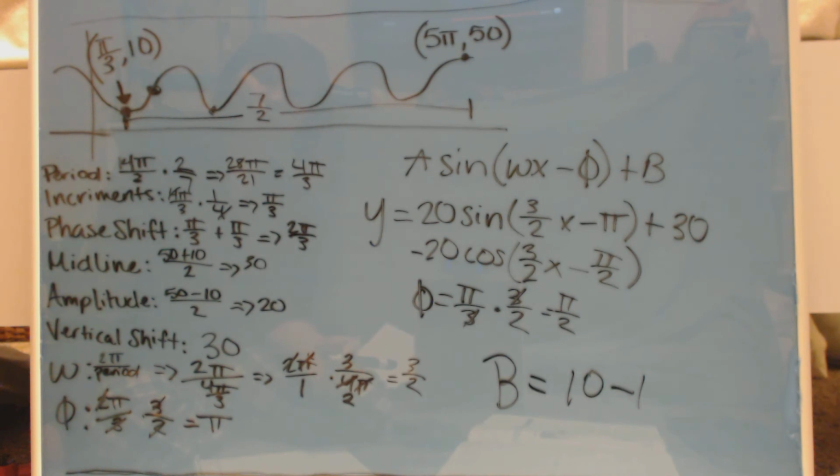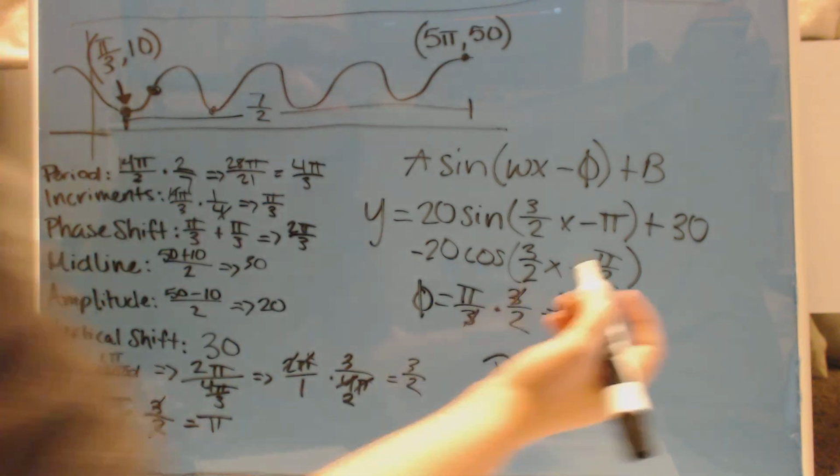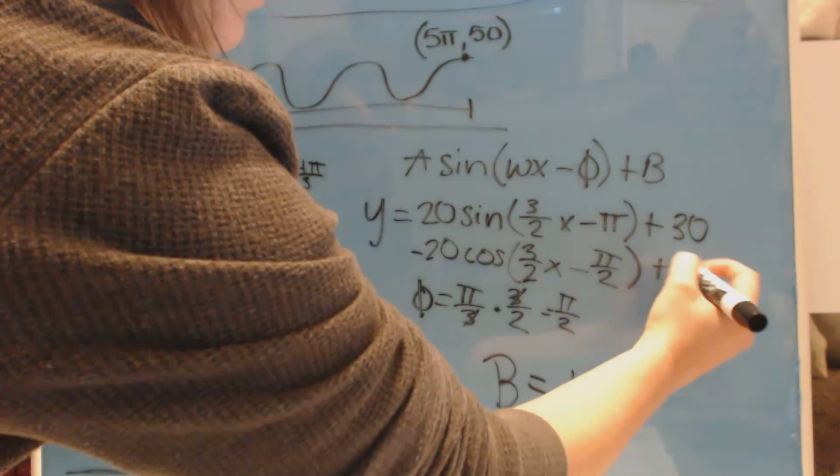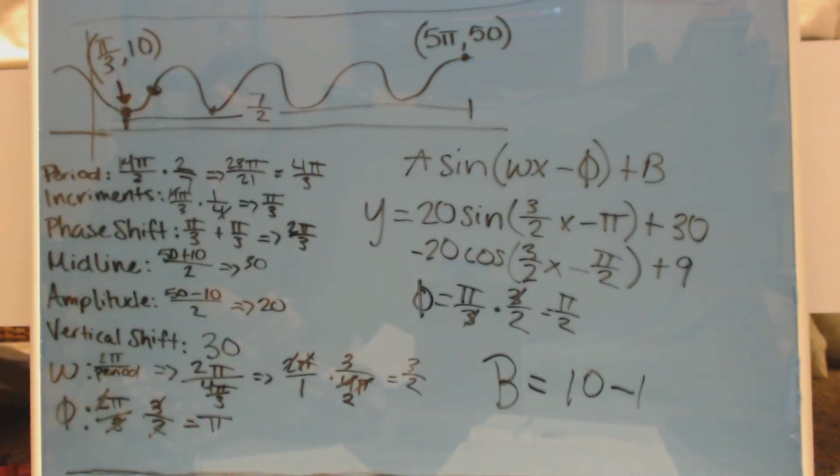I don't entirely see why she did that, but for the cosine graph, she says it's plus 9. If you guys know any better, go ahead and correct that one. I apologize, I did this quite a few weeks ago, but I guarantee that b is the only thing that I'm not entirely seeing. Everything else I guarantee is correct.